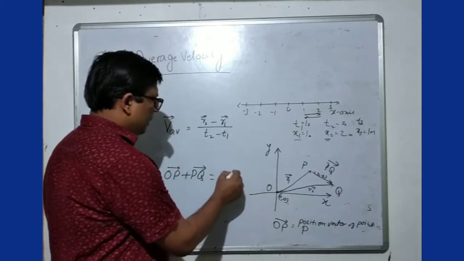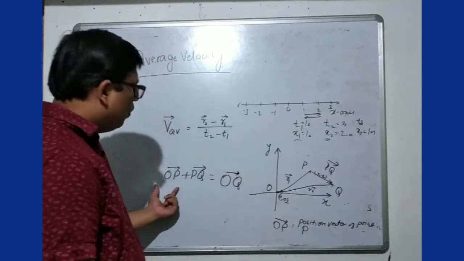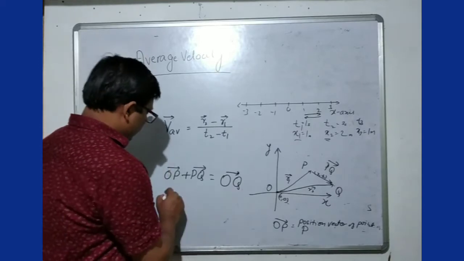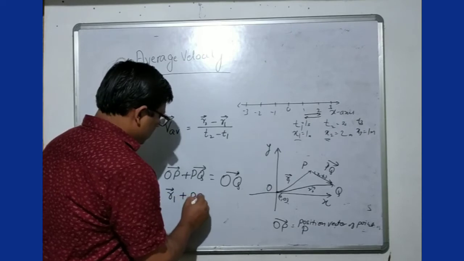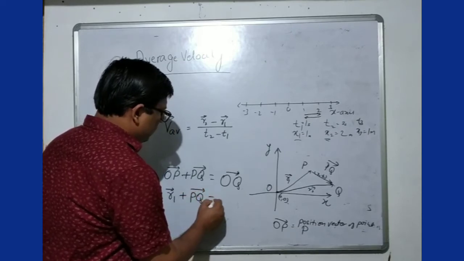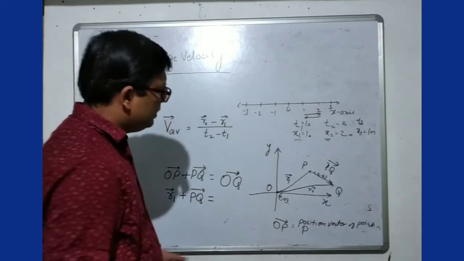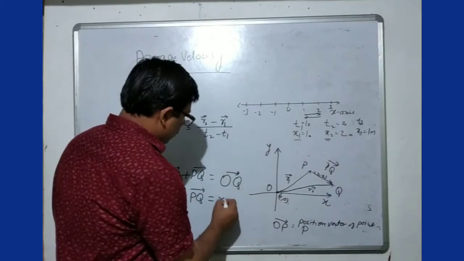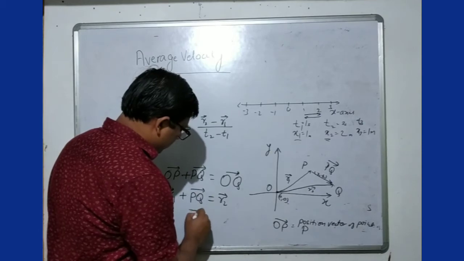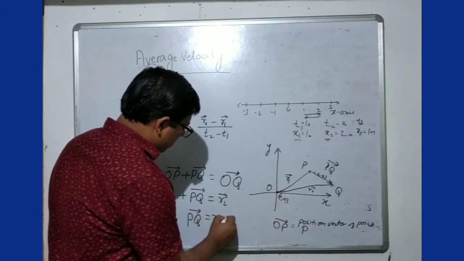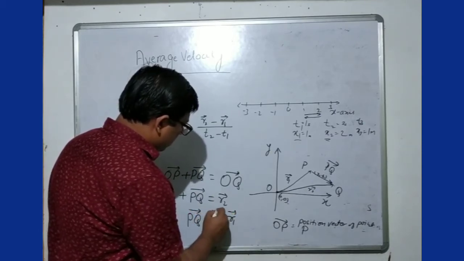Now see, OP is R1, PQ is PQ, and OQ is R2. So PQ will be R2 minus R1.